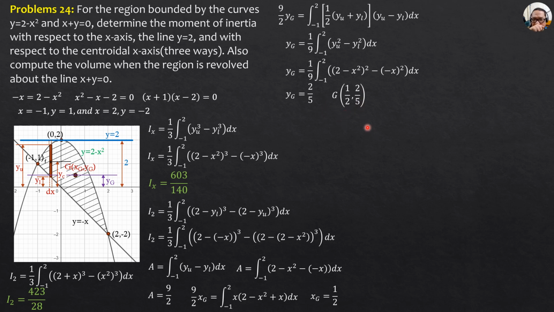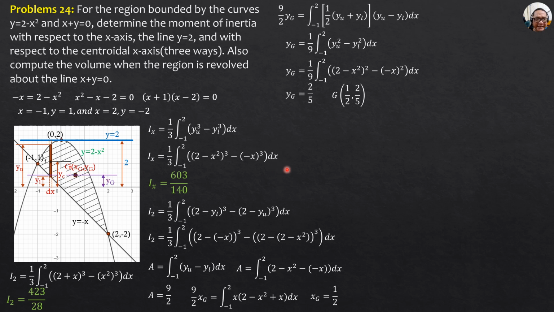Now, next we apply the transfer formula for moment of inertia, and I hope you know that it is Ix is equal to I through the centroid, so I call that I bar Gx, then plus area distance squared. The distance between the x-axis and the centroidal x-axis is yg.